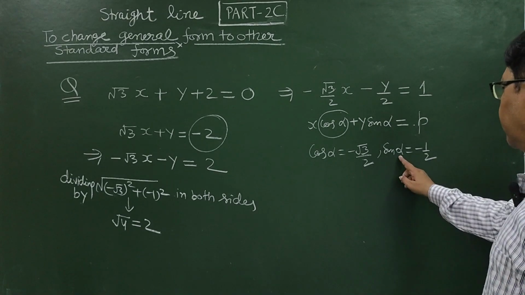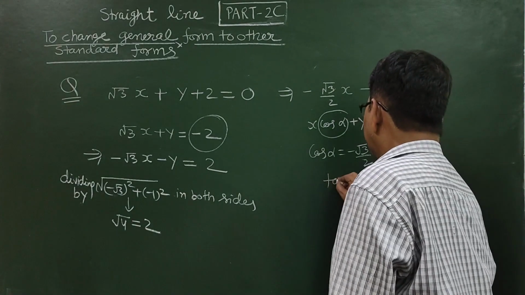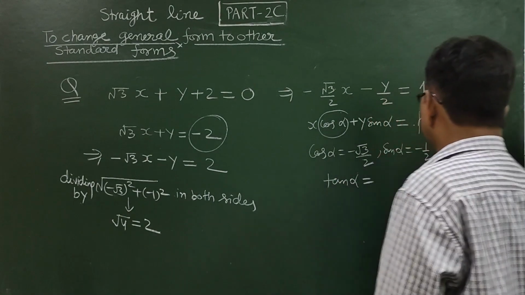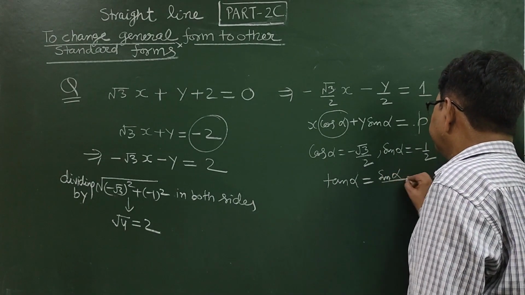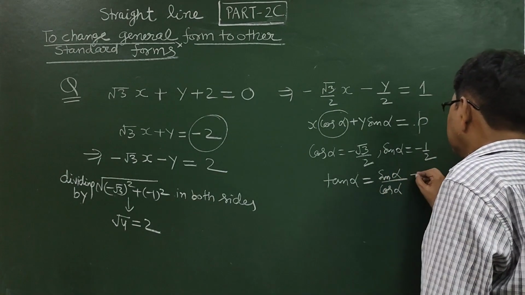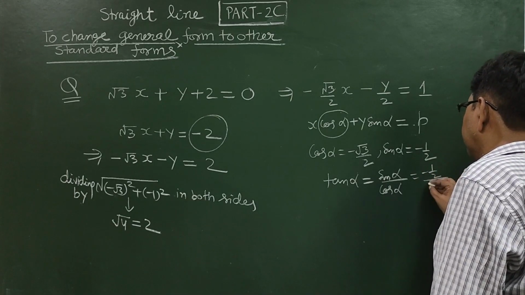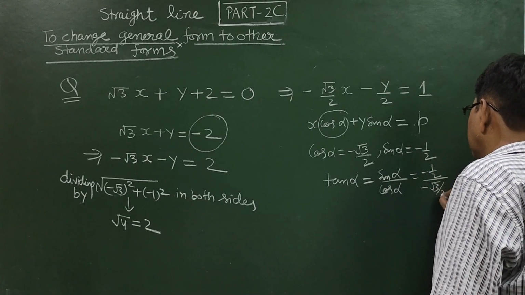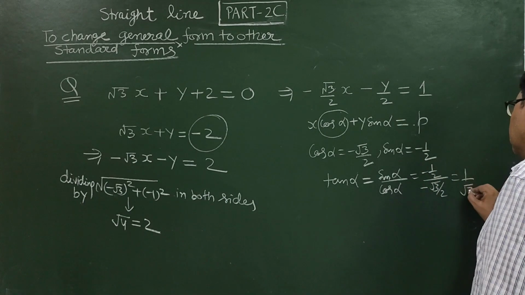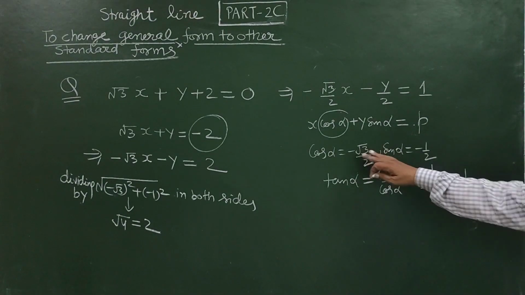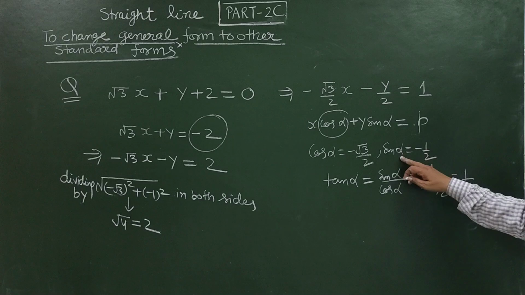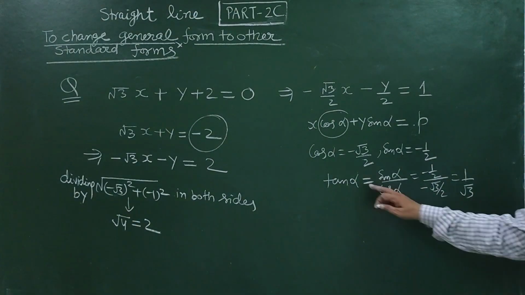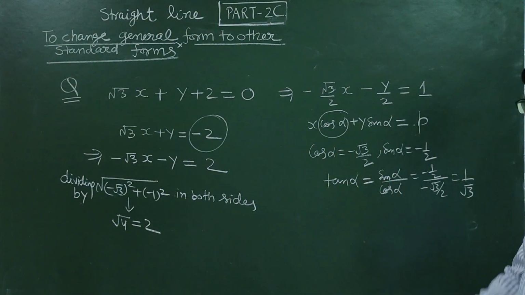And if I divide sin alpha by cos alpha, that is tan alpha is equal to sin alpha upon cos alpha, minus 1 upon 2 divided by minus root 3 upon 2, which is equal to 1 upon root 3. So from this we get that the value of cos alpha is negative, the value of sin alpha is also negative, and the value of tan alpha is positive.